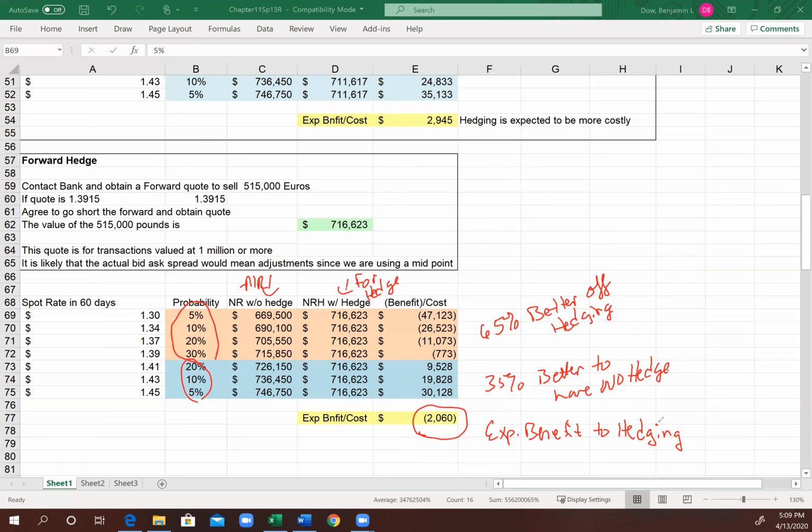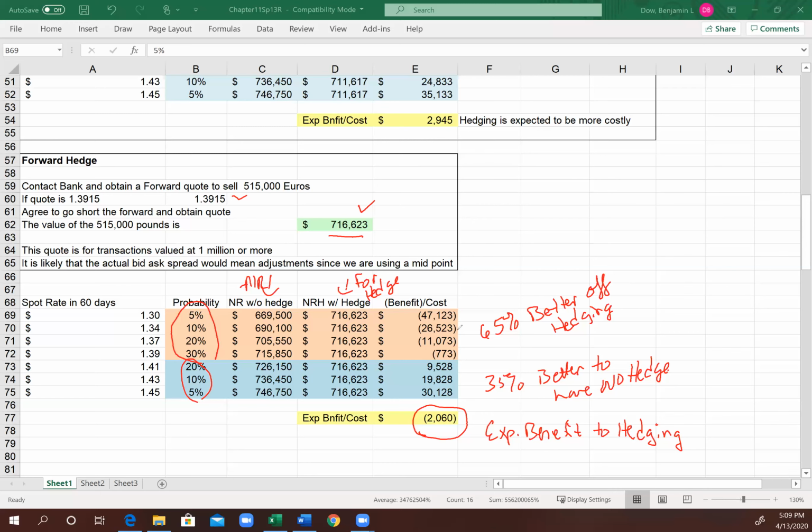But you can see now that the forward hedge, if we could get it at 139.15, then the forward hedge would give us a locked-in value of the receivables at 716,623. And you can see that that's better off about 65% of the time. Now, 35% of the time, you do better with no hedge.